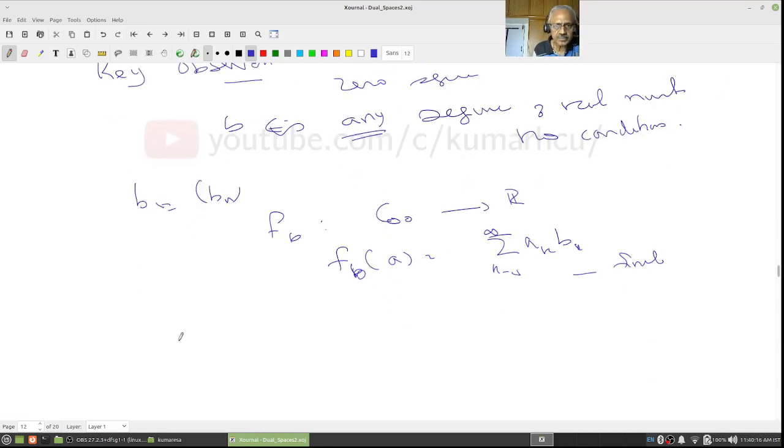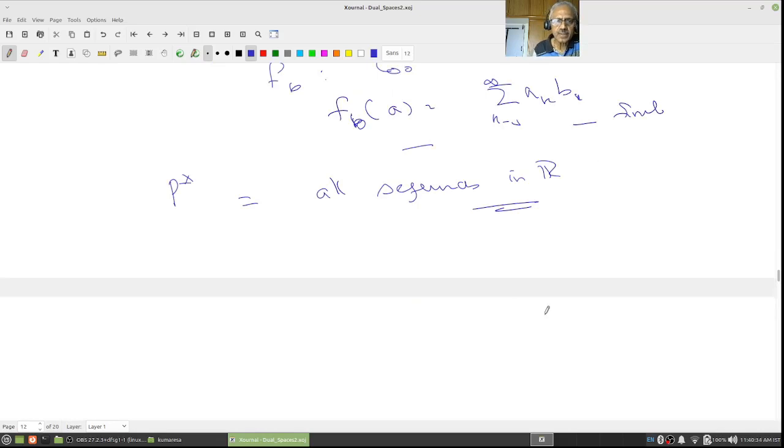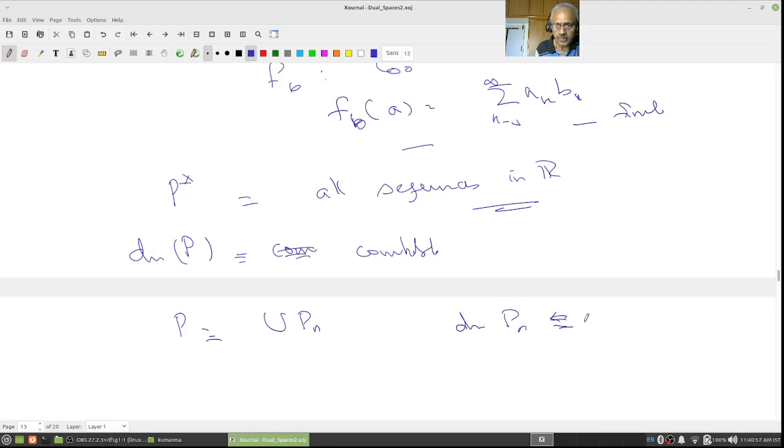Now you can see something interesting. Therefore, what have I found? P star, the dual, is all sequences. Now what is the dimension of P? It is countable, because P is the union of P_n, and the dimension of P_n is equal to n plus 1.